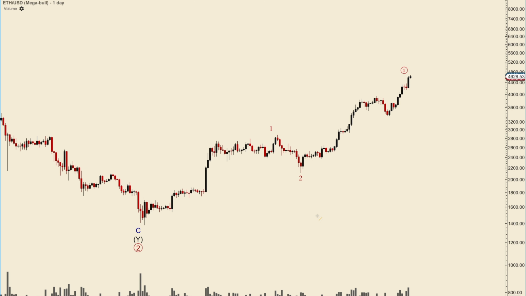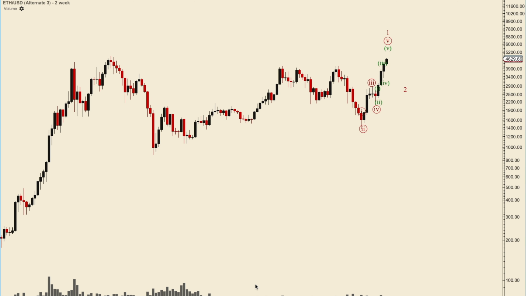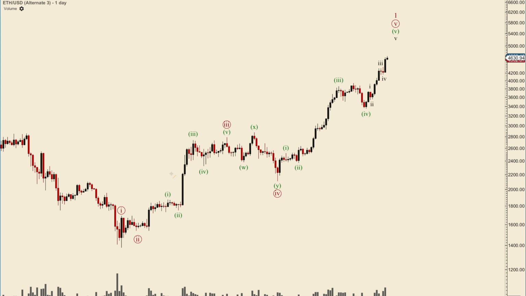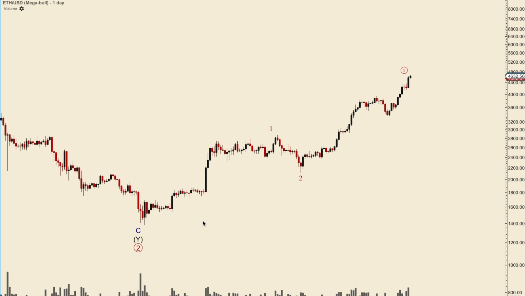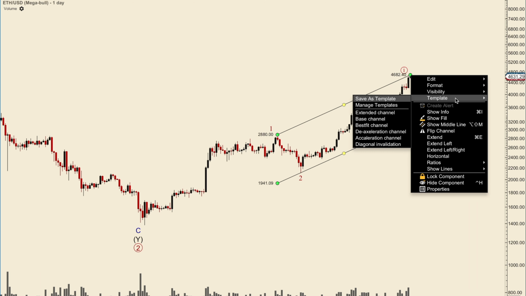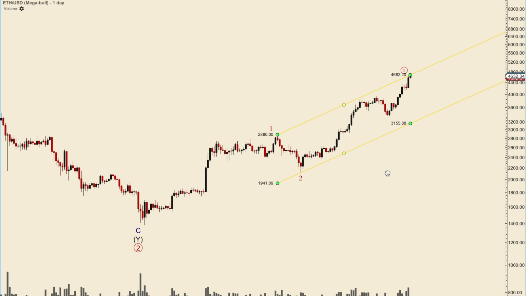If we are to do it on a proper acceleration channel, we need to take this from the presumable wave 1, and we then take the channel from wave 1 and the presumable wave 3, and then the wave 2. And when this channel is breached, then we can be quite certain that wave 3 is over.